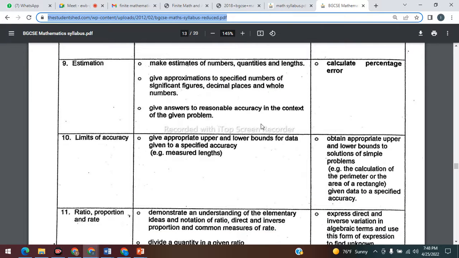This one says give appropriate upper and lower bounds for data given to a specified accuracy, for example a measured length. And this one says obtain upper and lower bounds for simple problems, like the calculation of the perimeter and area of a rectangle given a specified accuracy. We haven't done this, to be honest, because it rarely comes.